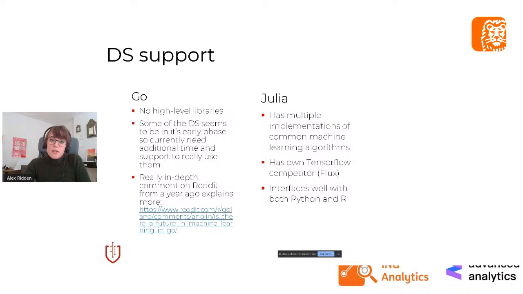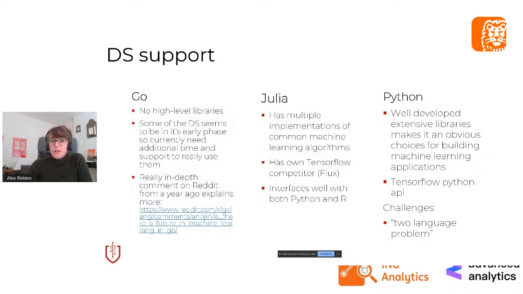I mentioned before that Julia is kind of known for interfacing well with Python and R. So if you are missing something, you can typically just add a function that you might love from a language that you know better. And Julia's been developing its own TensorFlow. It's not something I've tried, but I know that there's some good evaluations of Flux online.